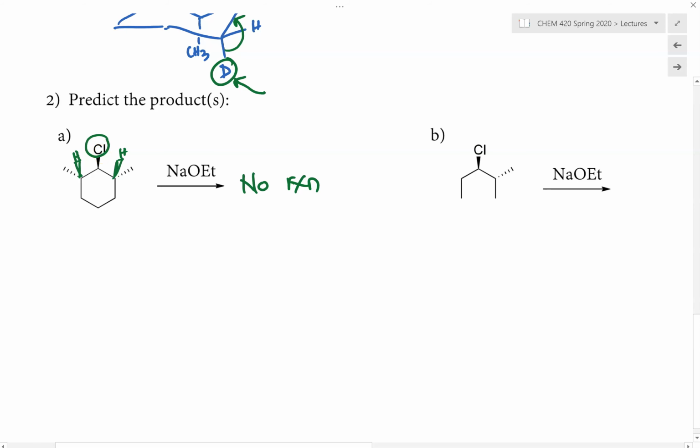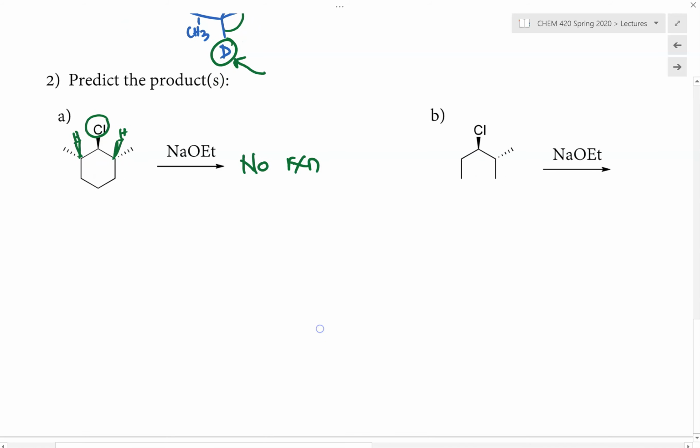We will never be able to flip this to make sure that they are anti-coplanar to each other, and therefore no elimination. For example, let's say here we draw the conformation of cyclohexane. In this case, let's make this our chlorine. Now the chlorine points up here, and the methyl group would point here on one carbon and on the other carbon over here.